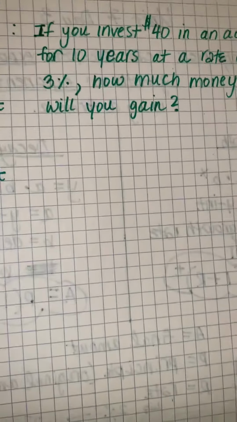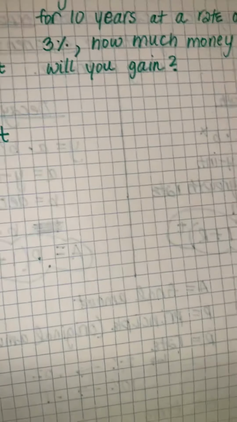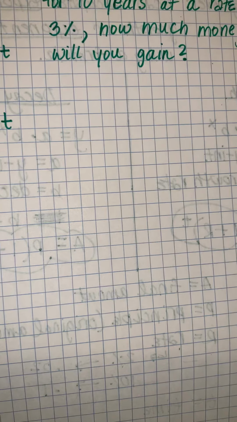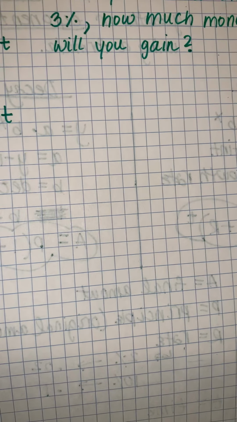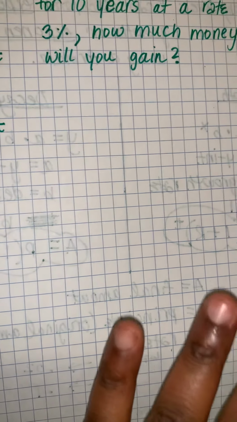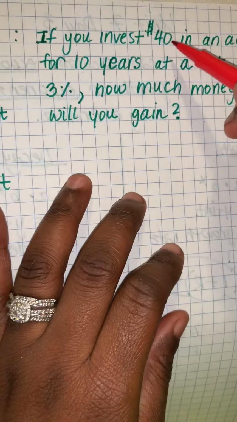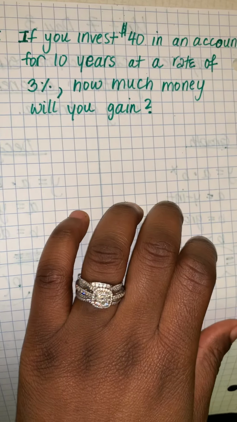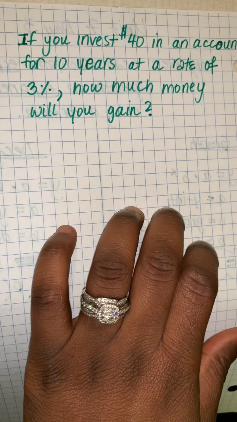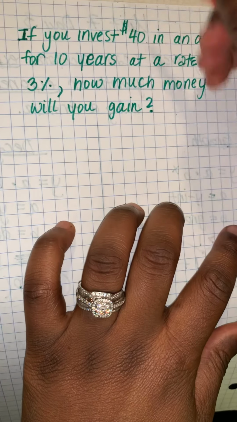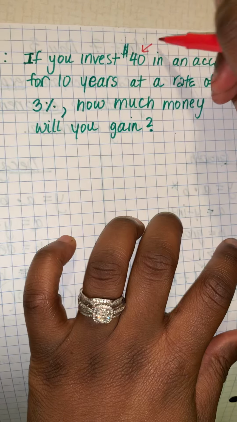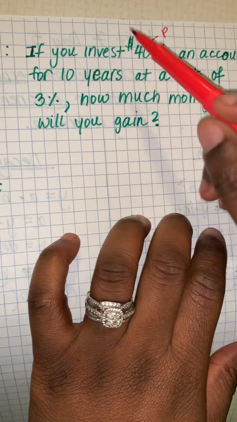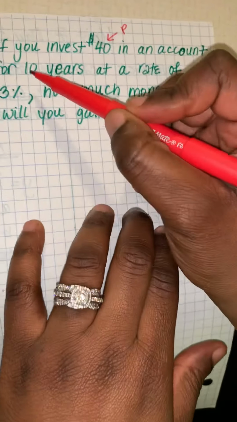So our information, again, is $40 in an account for 10 years at a rate of 3%. How much money will you gain? Right away it says $40. This $40 is what you have already. It's your original account, what you're starting off with. So this is your original amount. This is our P. Then it says you invest $40 in an account for 10 years.